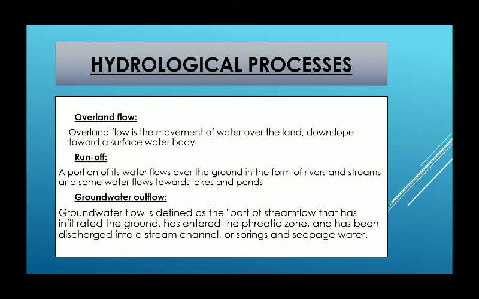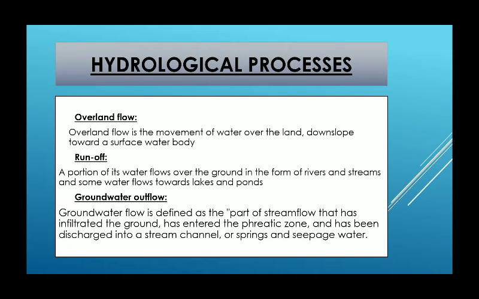So, runoff also includes the groundwater that is discharged into a stream. Stream flow that is composed entirely of groundwater is termed base flow, or we can say the fair weather runoff, and it occurs where a stream channel intersects the water table.